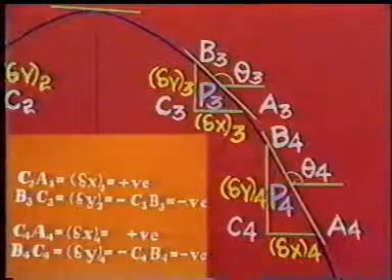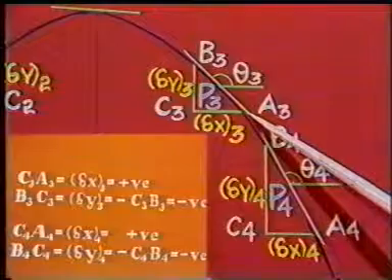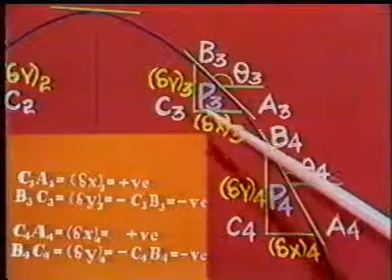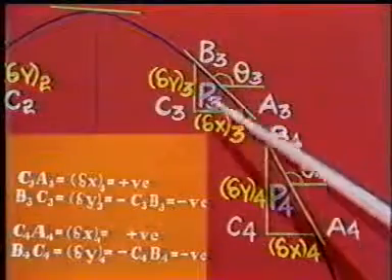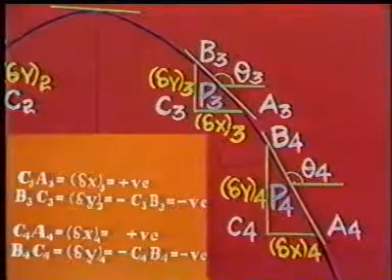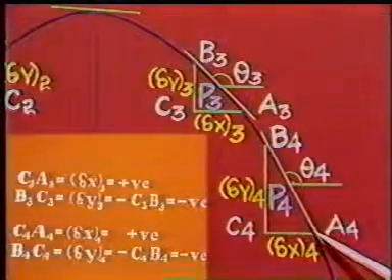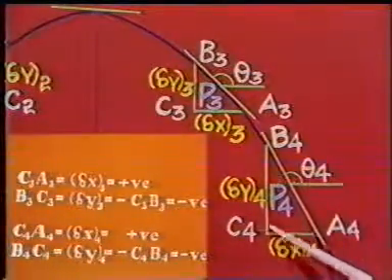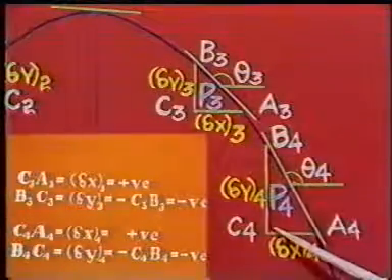As we move from the point B3 to A3 along the curve, x increases by C3A3 and y changes by B3C3. Similarly, in moving from point B4 to A4, x increases by C4A4 and y changes by B4C4.